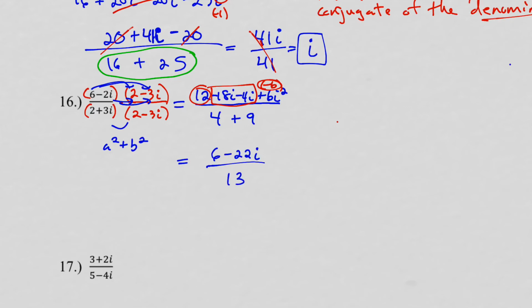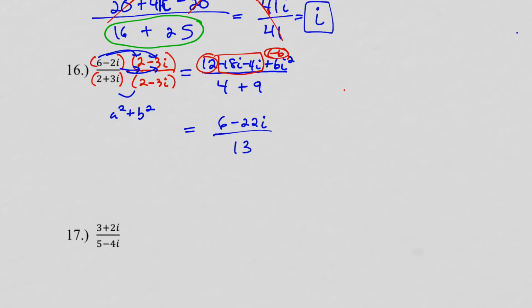So this is basically correct. This is the answer. But in standard form, we want a plus bi. So we want to go ahead and separate the two numerators with the same denominator. And voila, we are done.